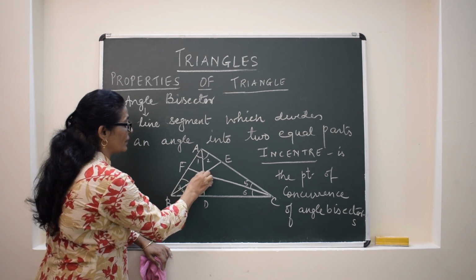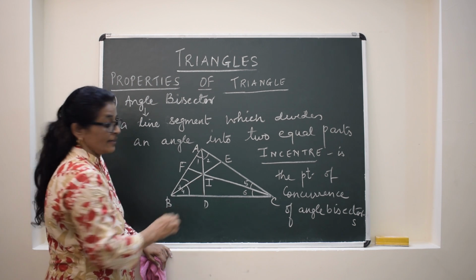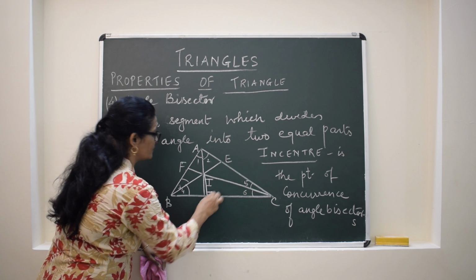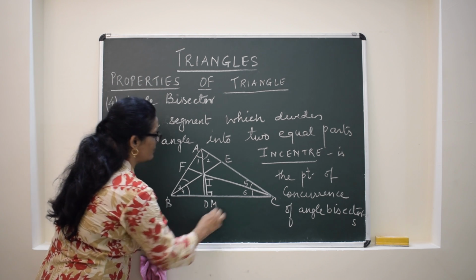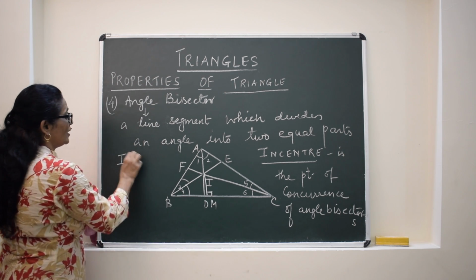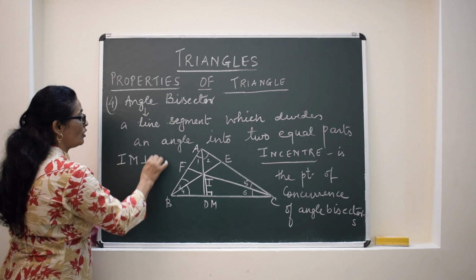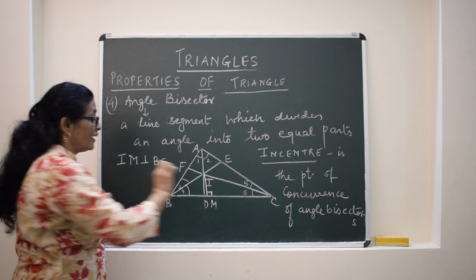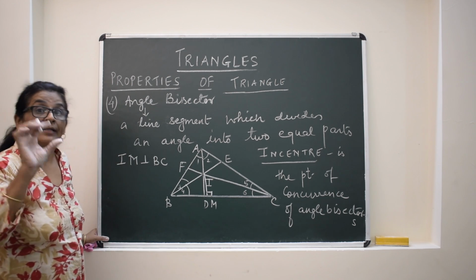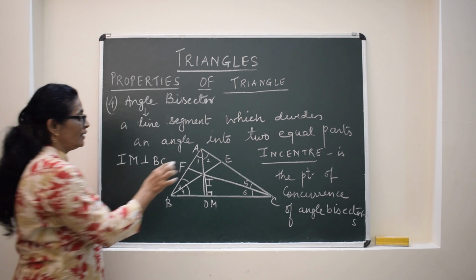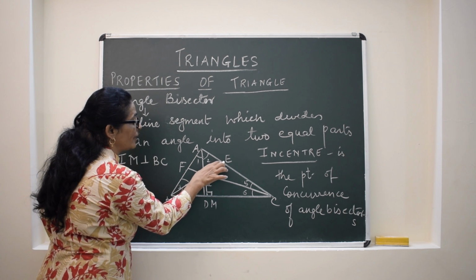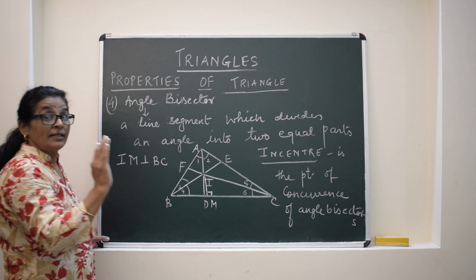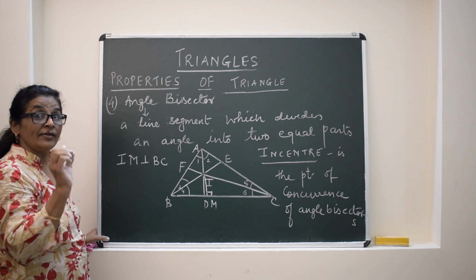If I drop a perpendicular from this I on the side BC, so this IM is a perpendicular dropped on BC, then that IM will become the radius. Similarly, we can draw the perpendicular from I on AC, from I on AB.